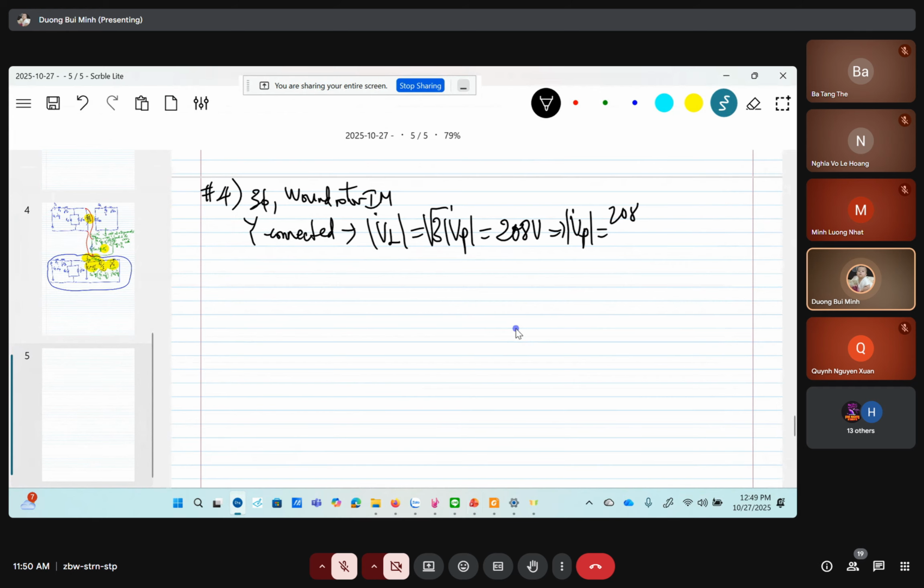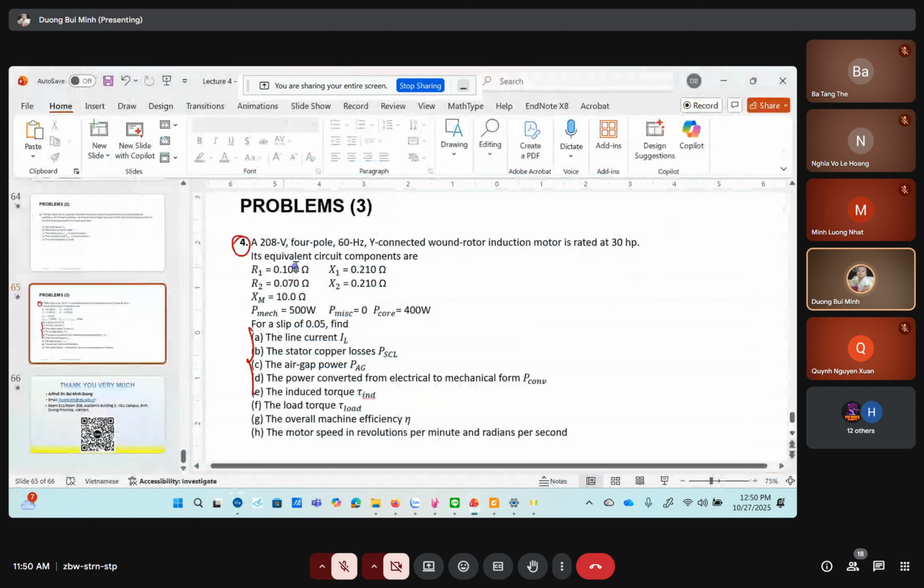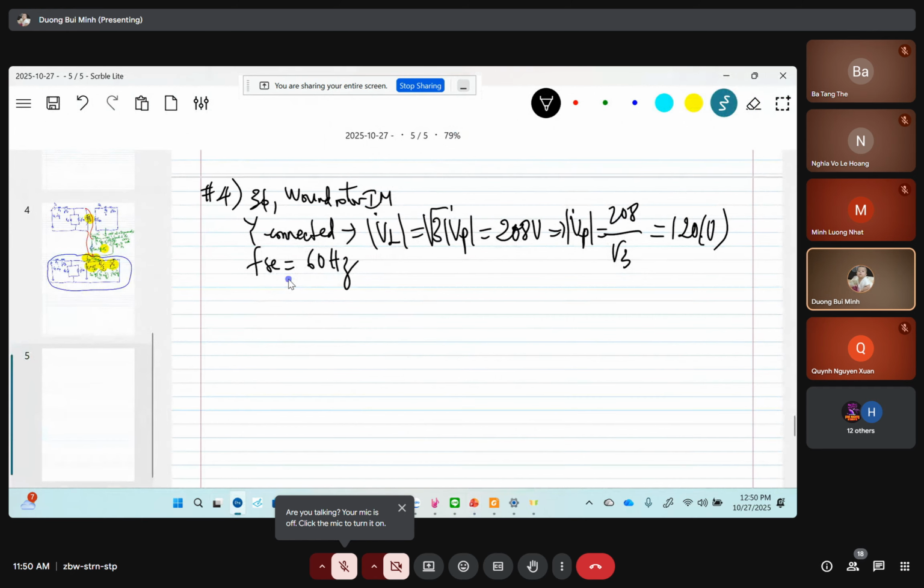If I have some mistakes, inform me, please. So we have 208 over square root of 3, you get 120 volts. We have f_SA 60 hertz and 4 poles, that means the pole pair is 2.